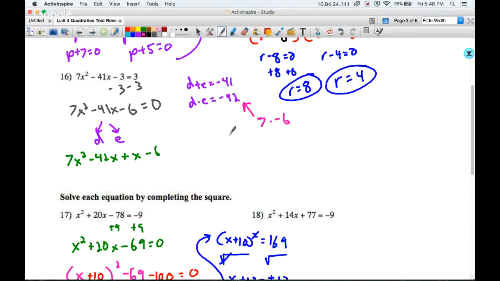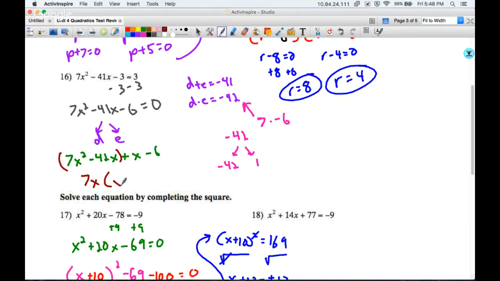Let me just make that clear that the factors I'm using of negative 42 are negative 42 and positive 1. All right, greatest common factor in this front group here is 7x.